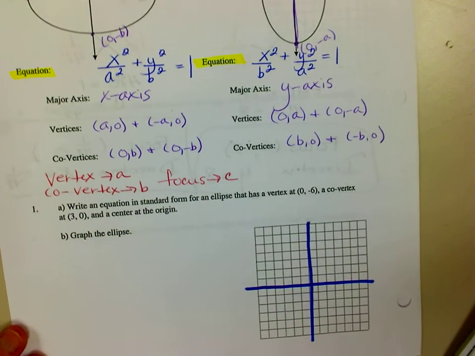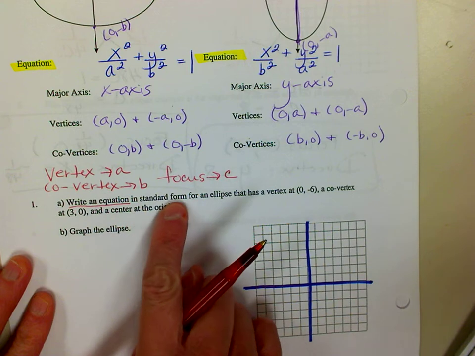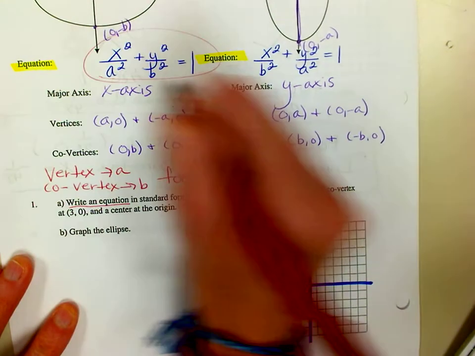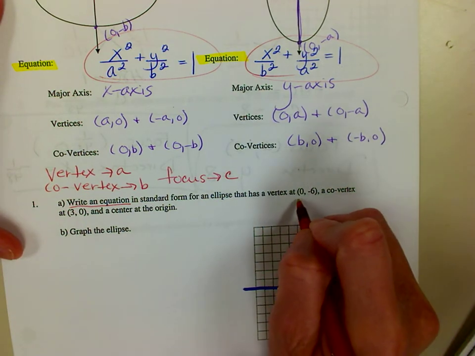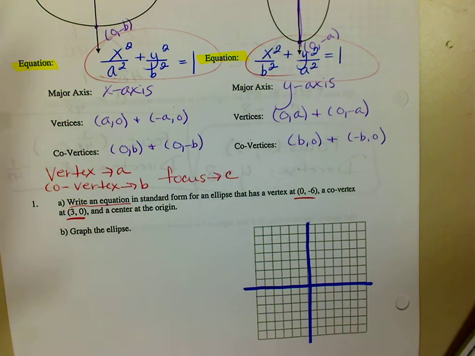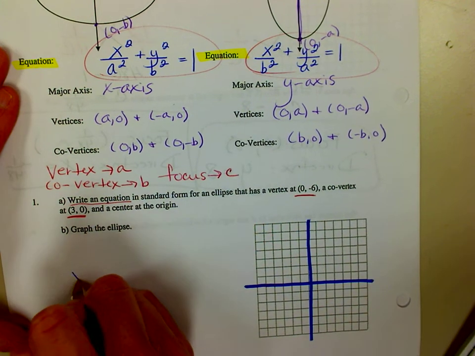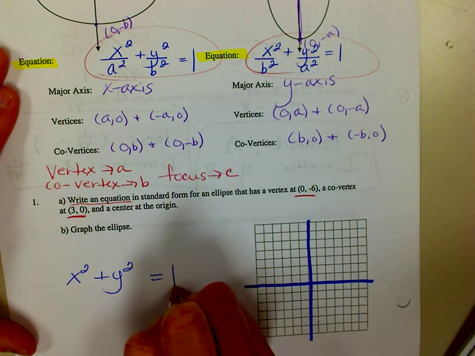Okay, so the first question, I want to write an equation in standard form, meaning one of these two, where the vertex is (0, negative 6) and the covertex is (3, 0). All right, so I'm going to do x squared plus y squared equals 1.